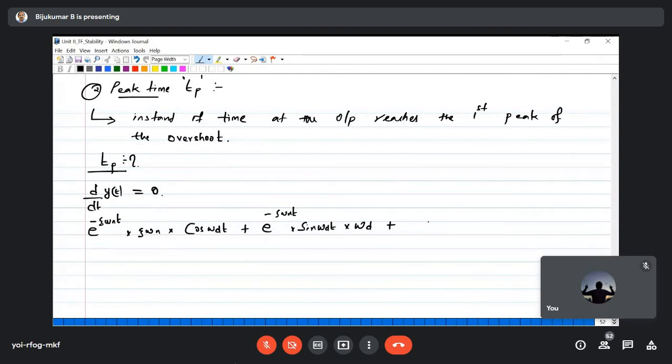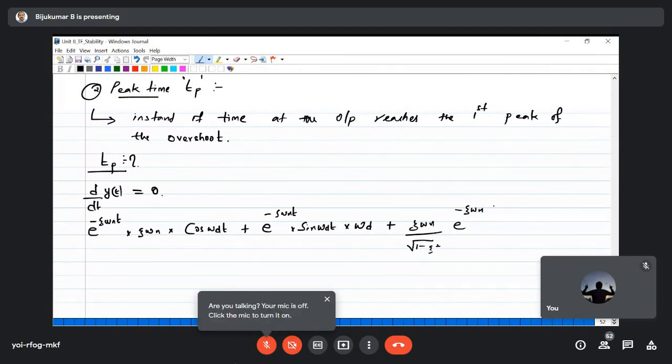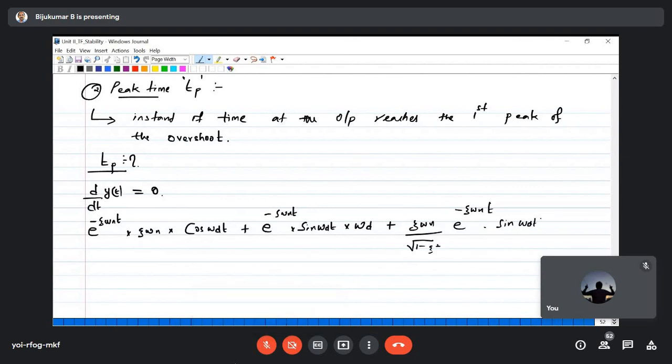We can write here zeta omega n divided by root of 1 minus zeta square e power minus zeta omega nt sine omega dt, minus zeta omega d divided by root of 1 minus zeta square e power minus zeta omega nt cos omega dt.